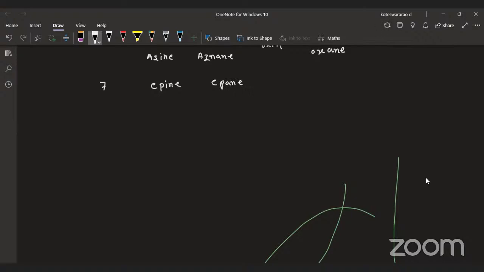No nitrogen, only oxygen or other heteroatoms other than nitrogen, epine, and saturated epane.